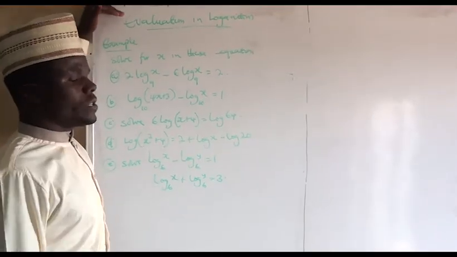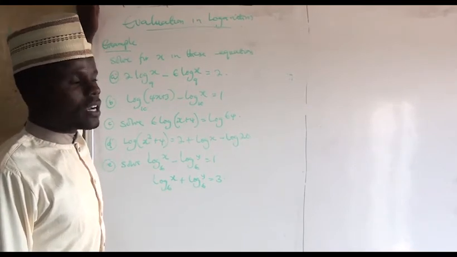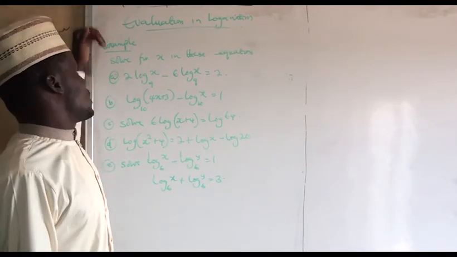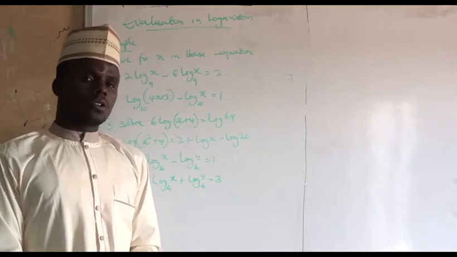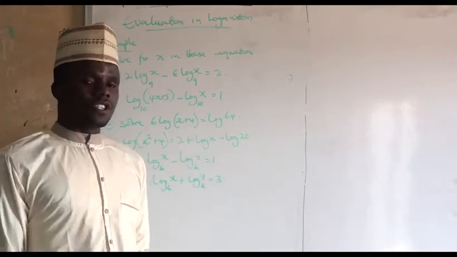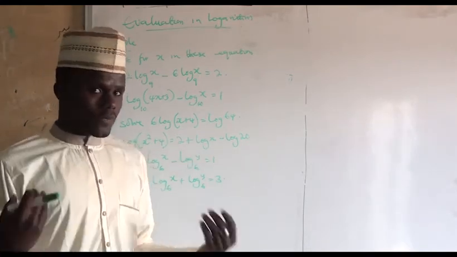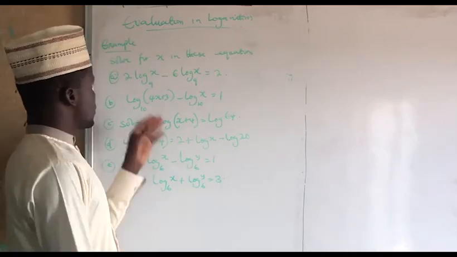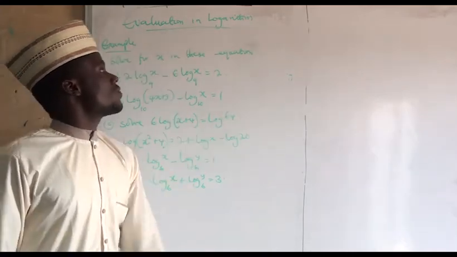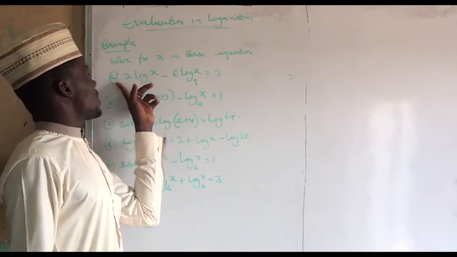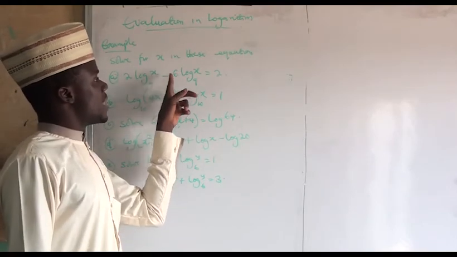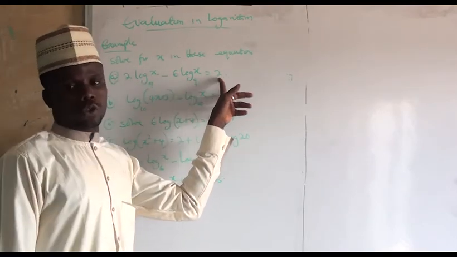Now we want to look at evaluation in logarithm. That is, at times a logarithm will come without a base. The base is unknown, or even the logarithm is unknown itself. So here they say solve for x for this equation. A: 2 log x base 9 minus 6 log x base 9 equals 2.